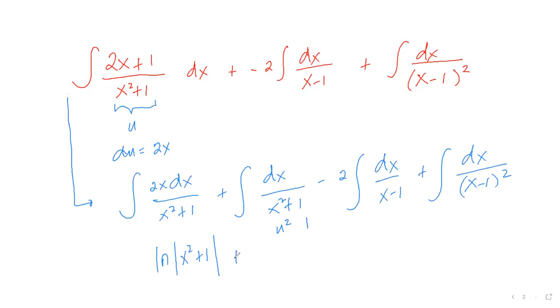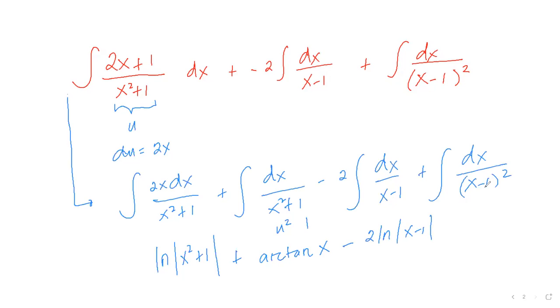So this is plus arctan of u, and that is arctan of x. U over a, but it's only 1. So arctan of x. Actually, you have here 1 over a, but this is just 1. This one is another ln. This is your u. Your du is dx. So 2 ln of x minus 1.